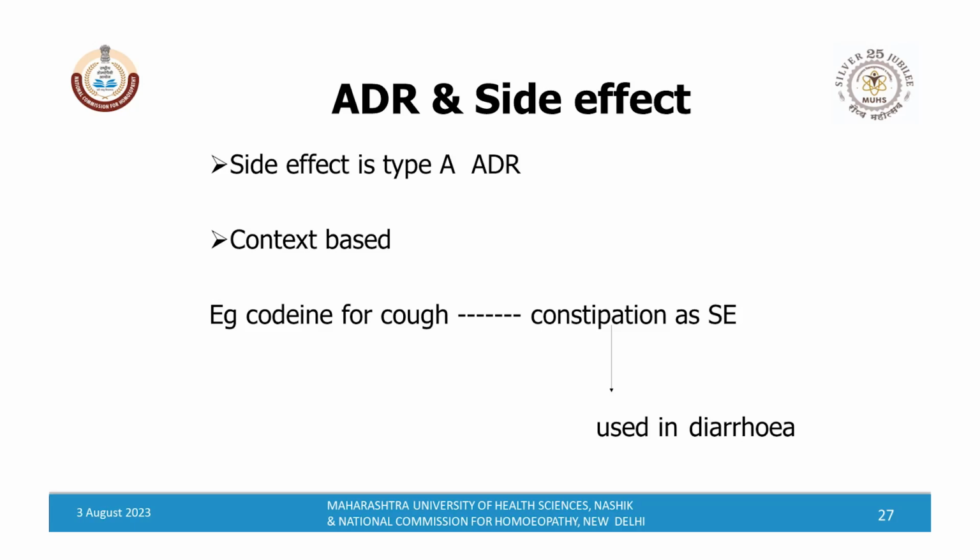But in some other patient, when the same codeine is used to treat diarrhea, the constipation codeine produces would actually be the desired action of the drug and not labeled as a side effect. This is what I mean by side effect being situation based or context based.